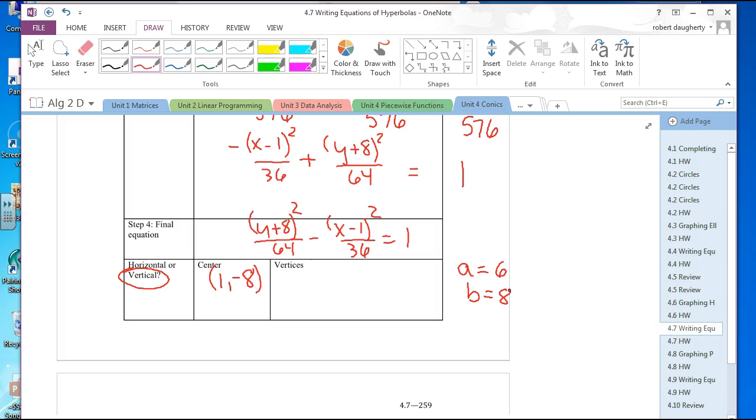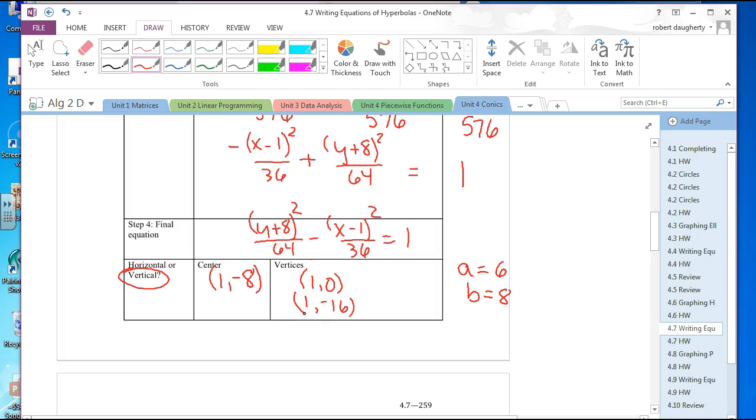Okay. So which of those will tell me how to get to the vertices, A or B? B will tell me how to get there. It tells me how far to go. 8. So what would happen if you went up 8 from here? Yeah, 1, 0. What happens if you go down 8 from there? Yeah, 1, negative 16. Those are the two vertices of that.